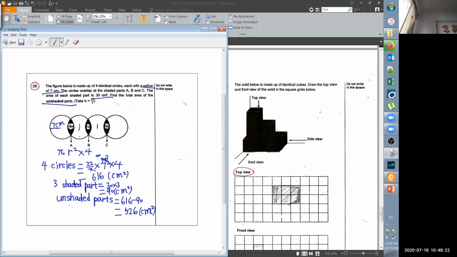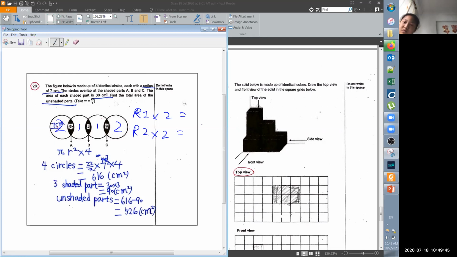I mean the unshaded, and then this is your two. So what you need to do is you find out the area of region one and you times two, and you find out region two and you times two. Then you combine these two together, you will get your total area of unshaded parts. Am I right?